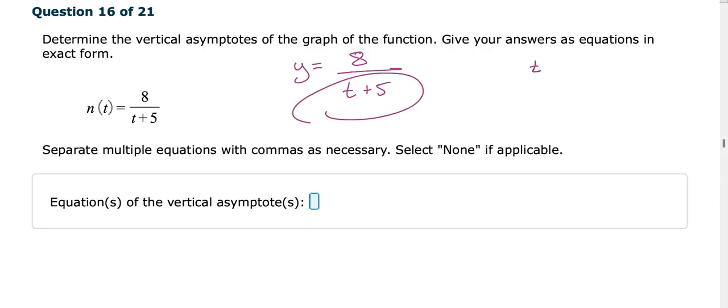So t equals negative 5 is a vertical asymptote. Let me back up. You factor the numerator and denominator. If you can cancel common factors, those are holes, but we don't have any common factors. So the equation of the vertical asymptote is t equals negative 5.